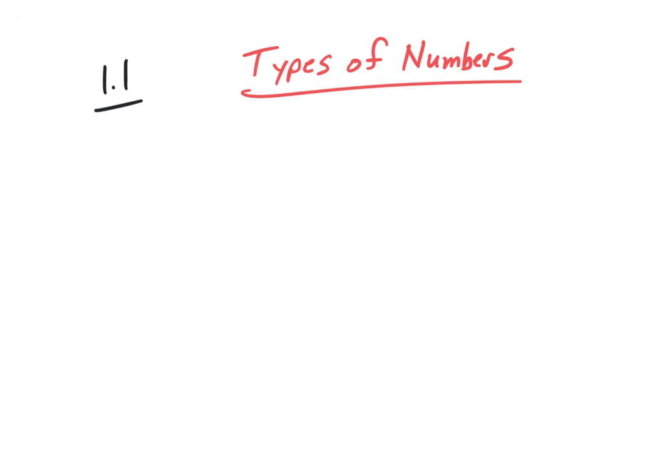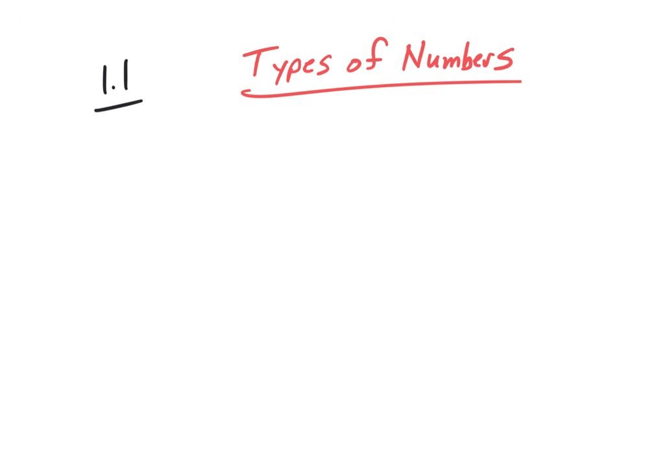Before we get into some of that stuff, I'm going to talk first of all about types of numbers. This is something probably way back when that you talked about, the different sets of numbers, types of numbers, how they are all a little bit different, and we put them in different sets.